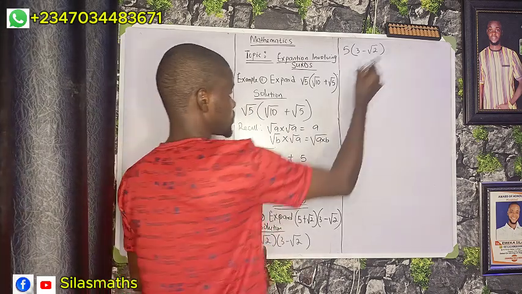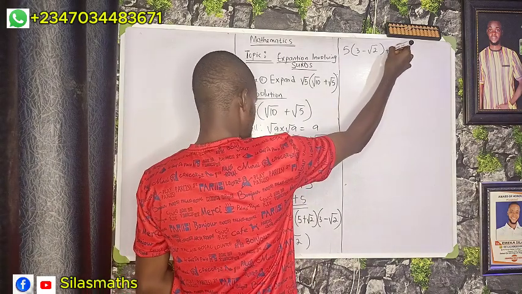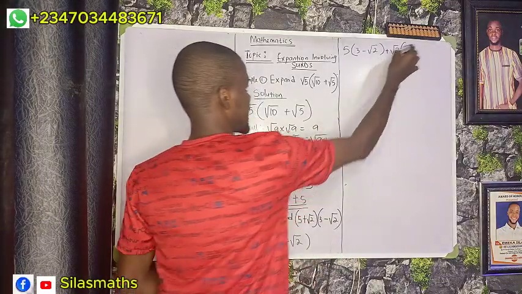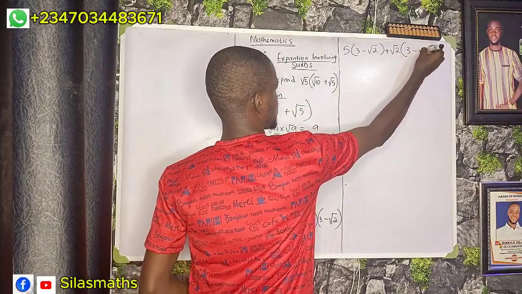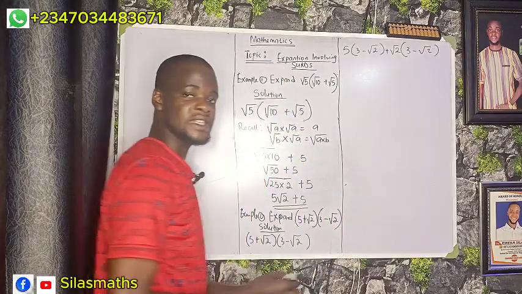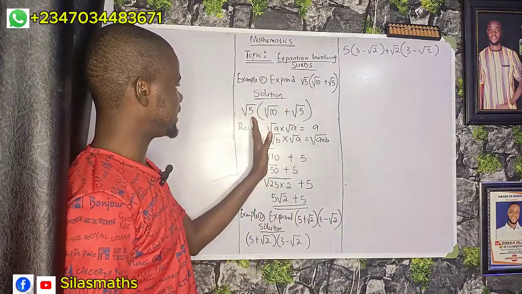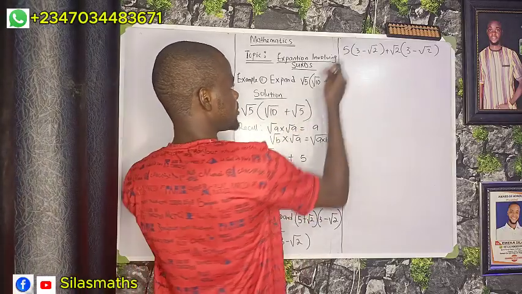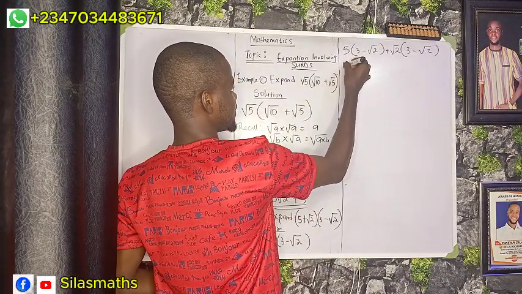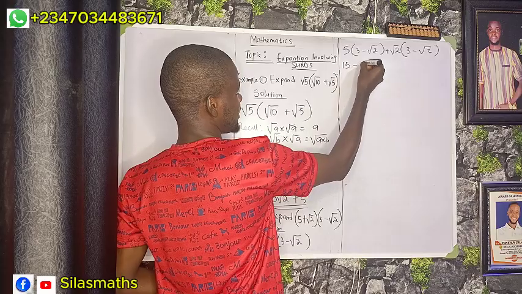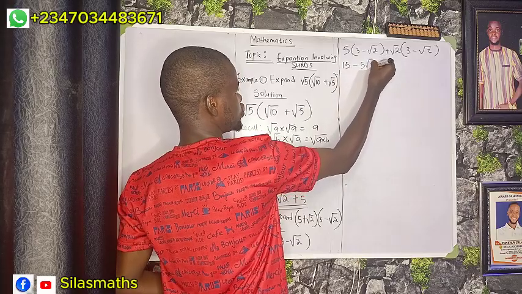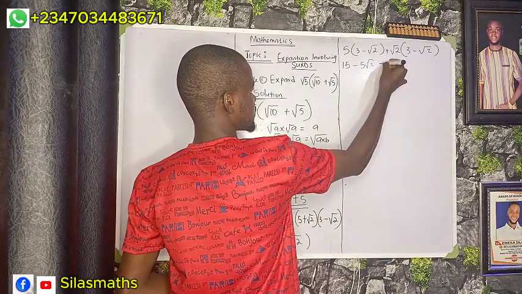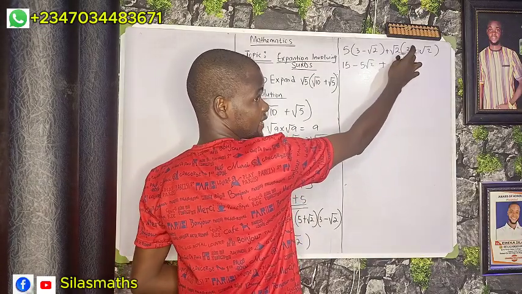Then I have the second one, plus root 2, which will also multiply 3 minus square root of 2. At this point, I'll expand like I did the first time. 5 times 3 gives me 15, and 5 times that gives me minus 5 root 2. Then on the other side, I have root 2 times 3.